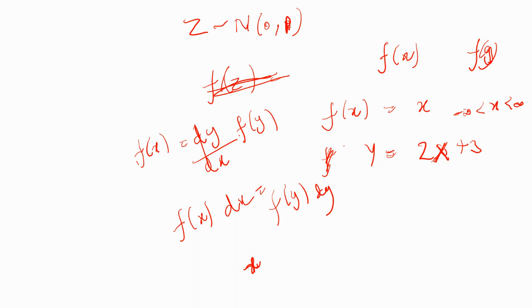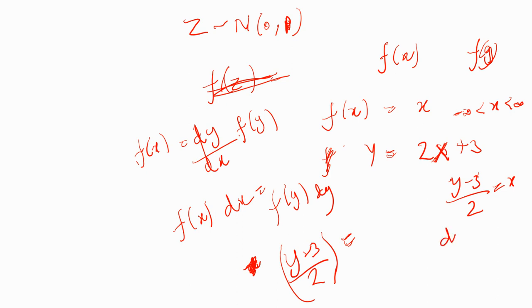So write everything in the form of y. Rather than f of x being a function of x, write x in terms of y. So x will be y minus 3 divided by 2. And dy by dx will be 2, because for 2x plus 3, if you do the differentiation, 2x gives 2, and 3 is a constant, so its differentiation will be 0.